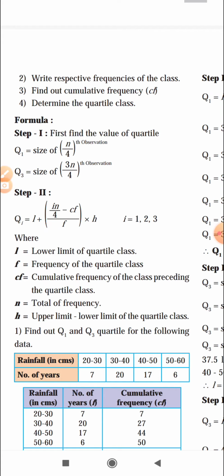N is the total of frequency. H, as we discussed earlier, is the upper limit minus lower limit of the quartile class.